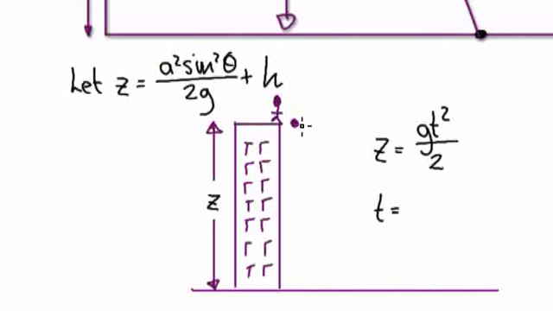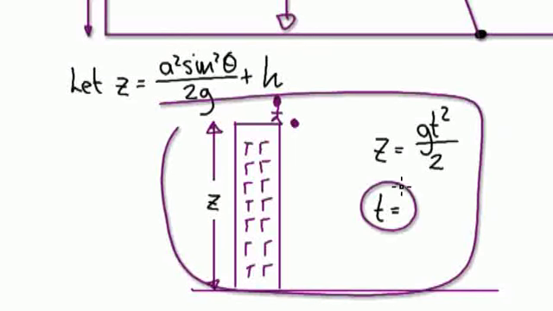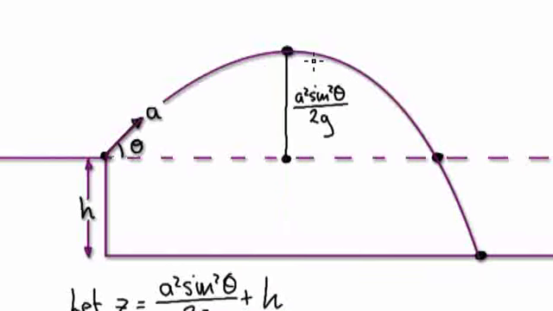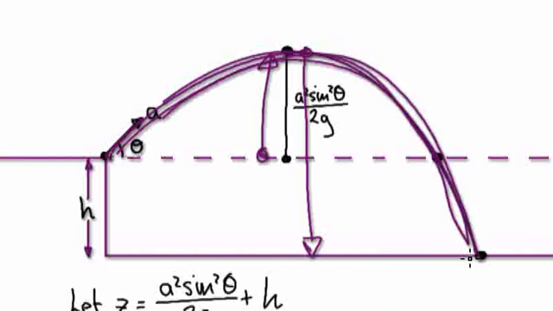So we've worked out the time it takes for the cannonball to free fall down to here, and now add it to the time it takes for the cannonball to get to its maximum height, and then add the two together. Then that will give you the total flight time.